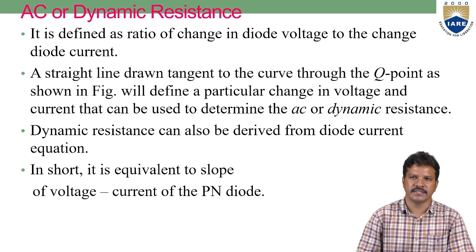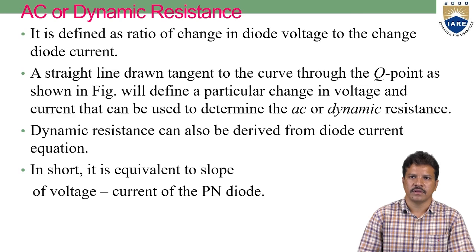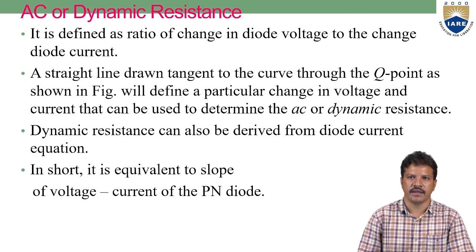It is defined as the ratio of change in diode voltage to the change in diode current. How can we find out this dynamic resistance? Take a straight line drawn tangent to the curve through the Q point as shown in this figure, which will define a particular change in voltage and current that can be used to determine the AC resistance, the dynamic resistance.